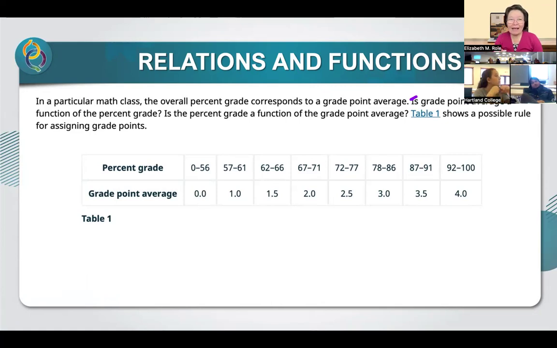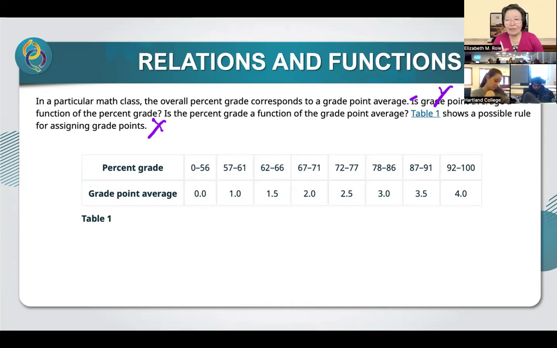The words "a function of" are the same as "dependent on." So it's the same as saying, is grade point average dependent on the percent grade? And therefore, the grade point average is your output because that's the one that depends on the percent grade, which we consider your x.